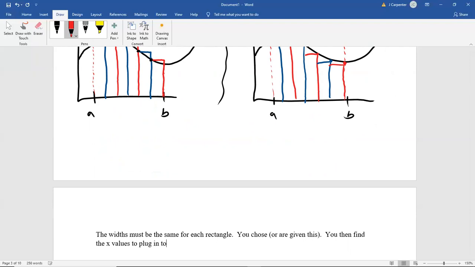Plug in to find heights based on the width of each rectangle. Call the width of each rectangle delta x.